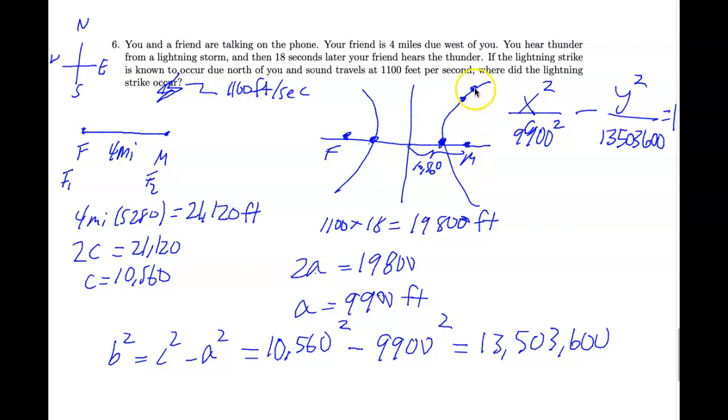Since the lightning strike was above us, when x is 10,560, we can know how high above us the lightning strike occurred. So what you want to do is plug in x equals 10,560 and solve for y.